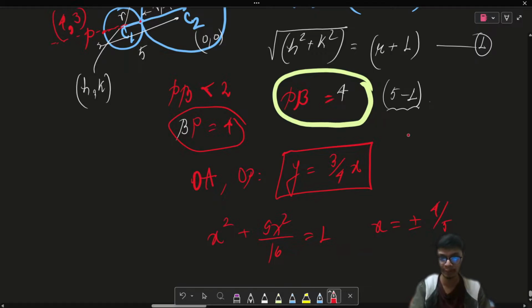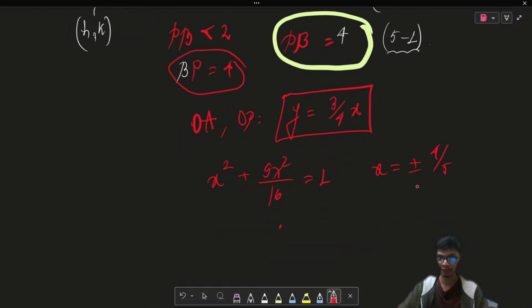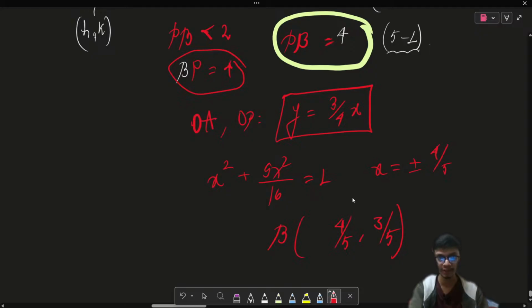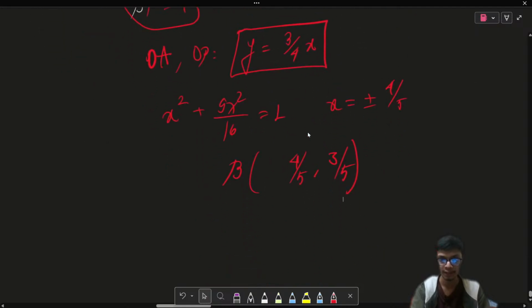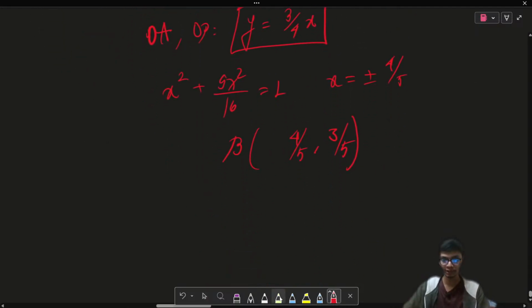So this point B, which I will have as a point of intersection, is going to be x equals 4 by 5 and y equals 3 by 5, right? So for the required circle, I have two diametrically opposite points, so I can easily formulate the equation of the circle from here.